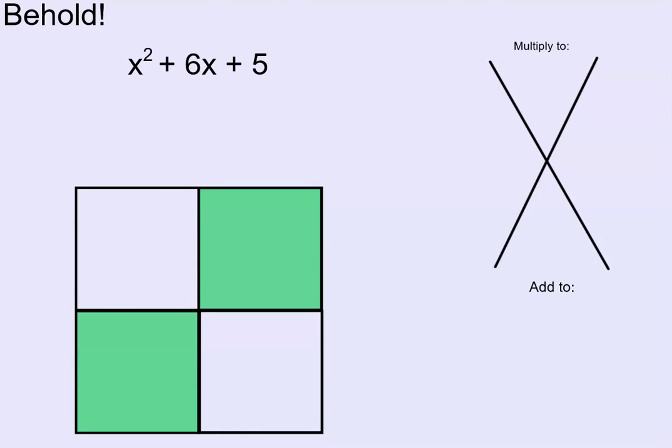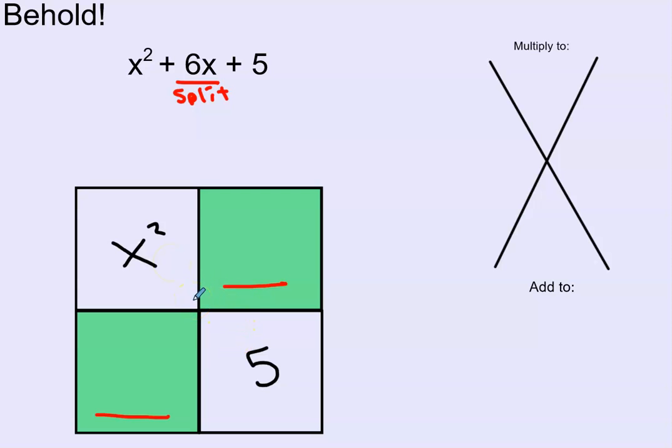Okay, so on this problem, we have, again, fill out the easy boxes first, x squared and 5. And then now this 6x has to be split between those two boxes right here. There's a lot of ways to do that, right? 5x and 1x, 4x and 2x, 3x and 3x.